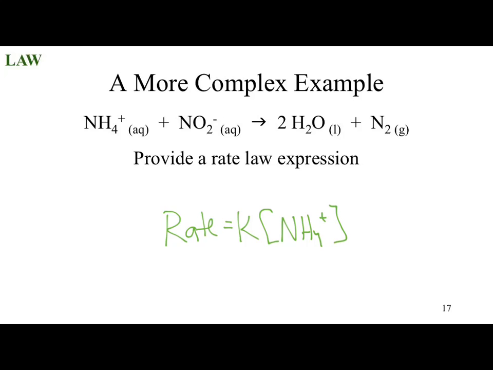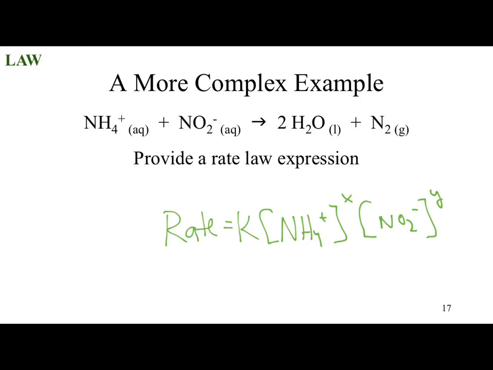Do we know what the relationship is? No, so we can include an X up top. Is there another reactant? NO2 minus, and we again don't know what that relationship is. So we've got a generic rate expression for our reaction. How would we figure out what this x and y are?